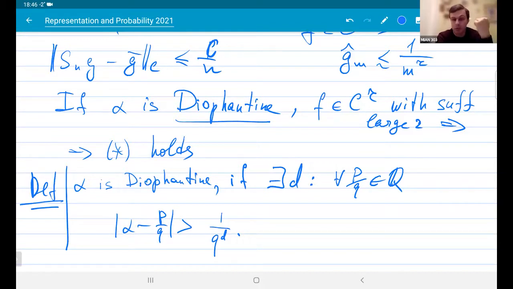So in fact, one can prove that every number can be approximated with such a difference. Well, this is trivial: you just take any q and then, taking the appropriate p, you have this.